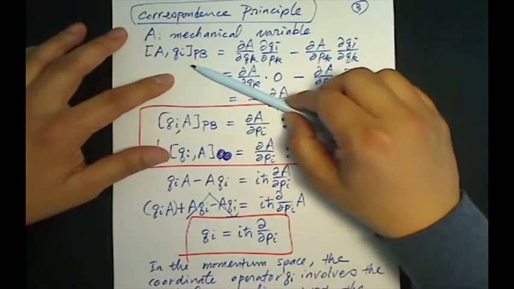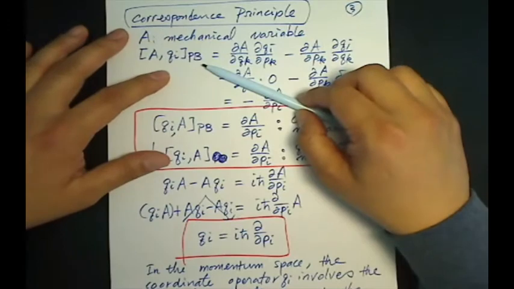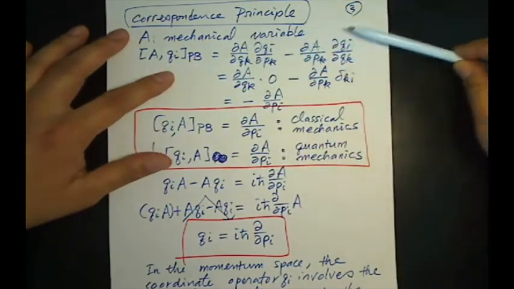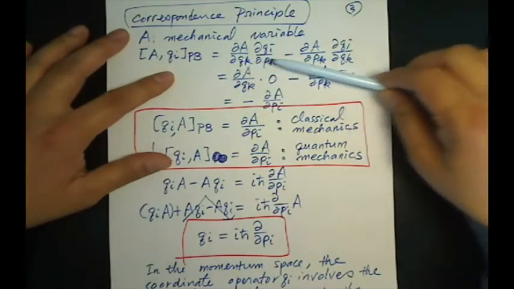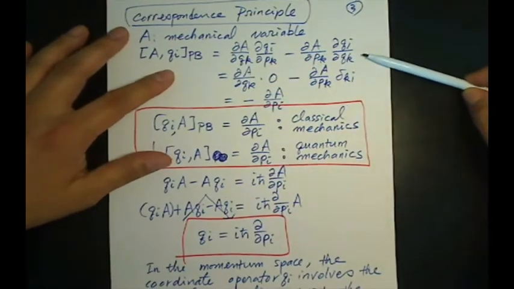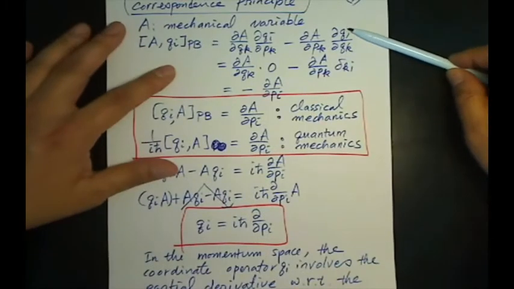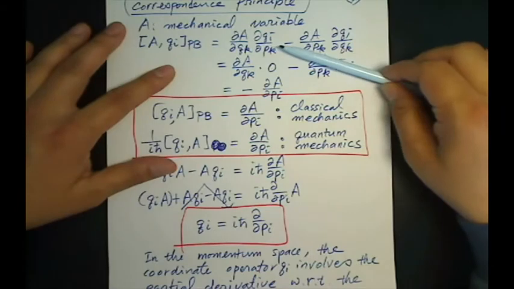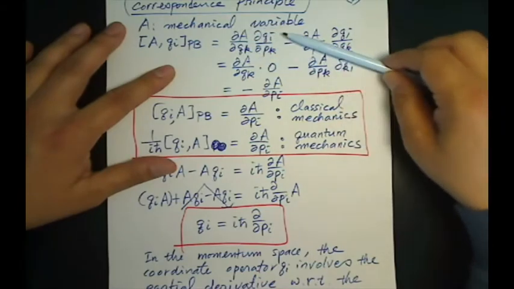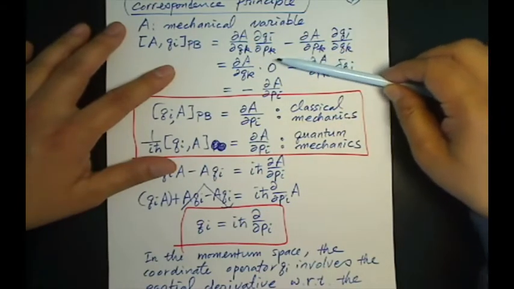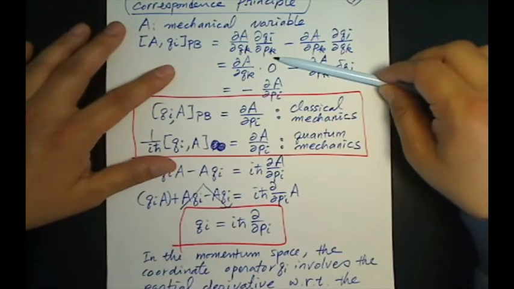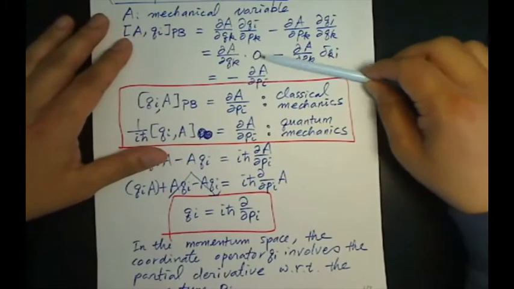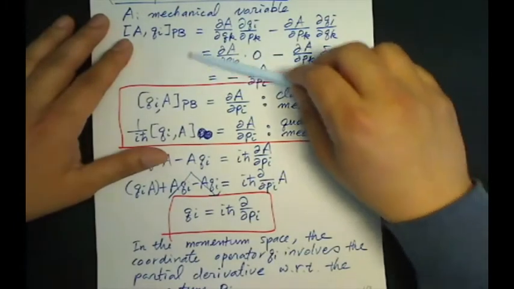By the definition of the Poisson bracket, our value is the sum of the derivative of A with respect to q times the derivative of q with respect to p, minus the derivative of A with respect to p times the derivative of q with respect to q. We have a Kronecker delta in the second term, and the first term vanishes because we take the derivative of the coordinate with respect to the momentum. Therefore, we have a negative sign instead of a positive sign.